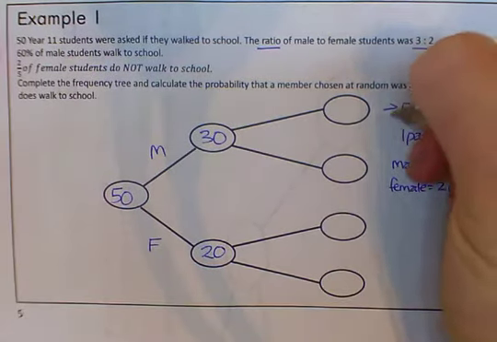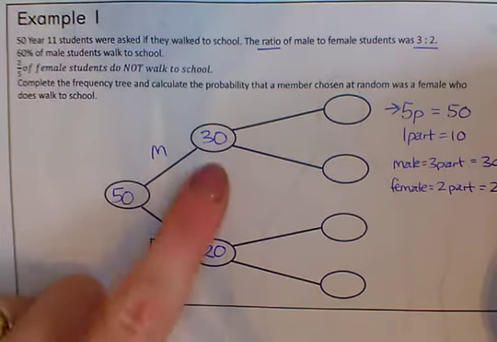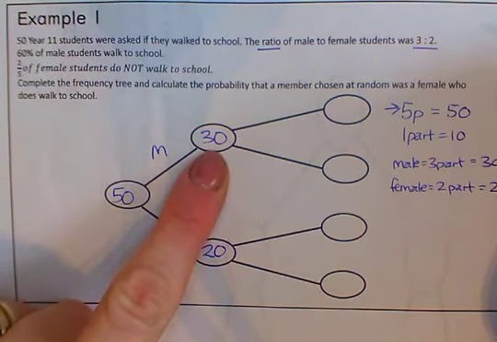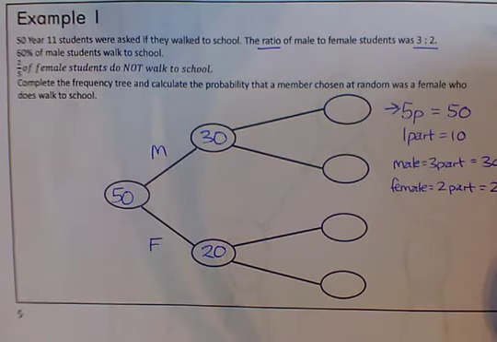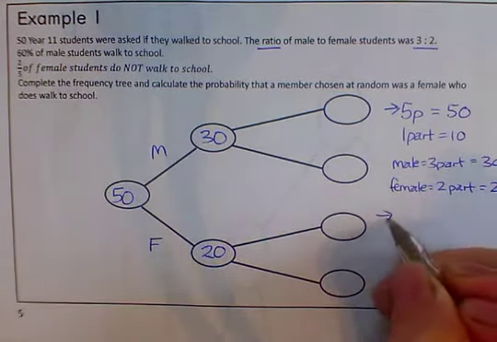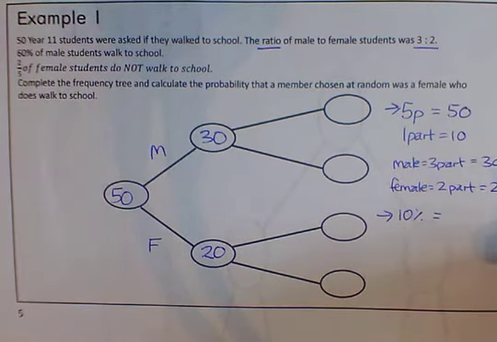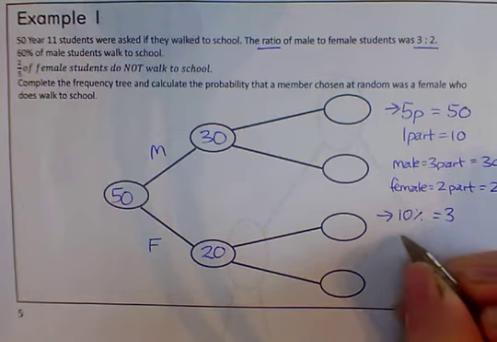Okay. The next piece of information that I'm given is that 60% of male students walk to school. So I've got that 30 students are male and I need to find 60% of that. So let's find 10% first of all. Well, 10% of 30 is equal to 3.